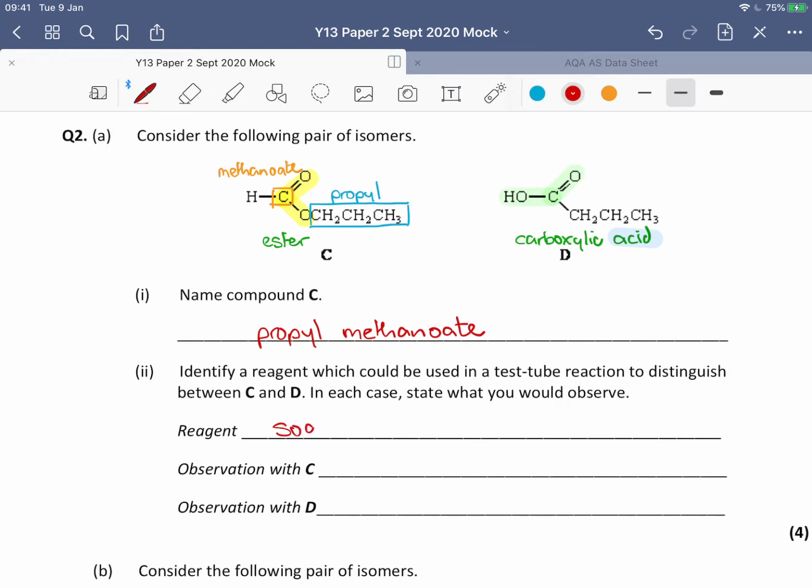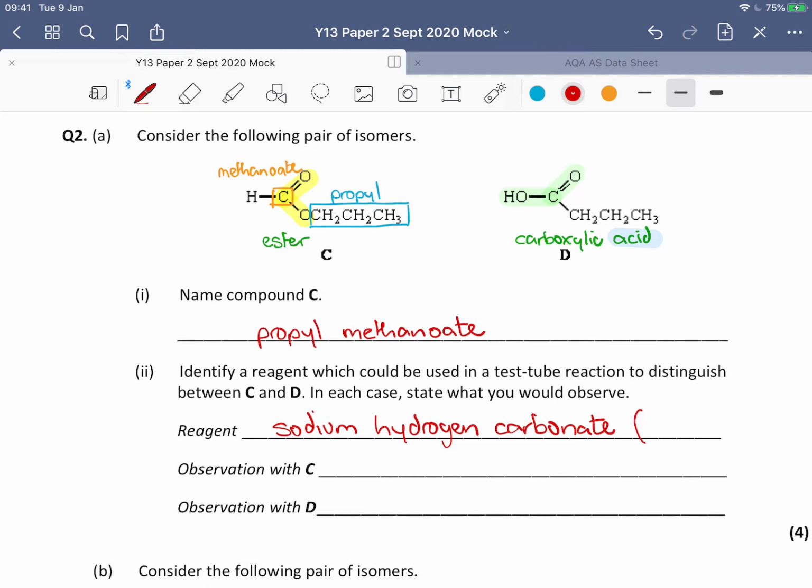So I'm going to put sodium hydrogen carbonate. All right. Now, it could be sodium carbonate, and it could be any other carbonate. To be honest, they would allow that. Now, if instead of writing the words sodium hydrogen carbonate, you wrote a formula and you got the formula wrong, you wouldn't get the mark.